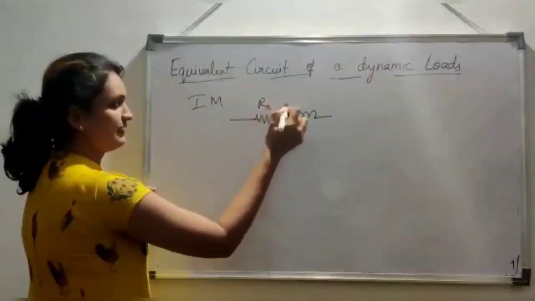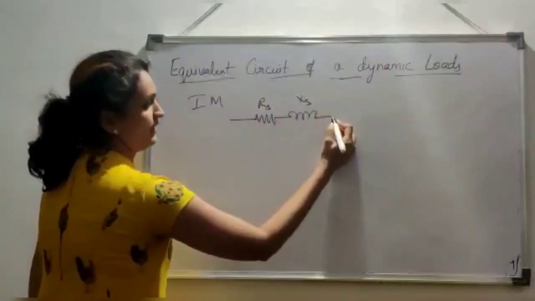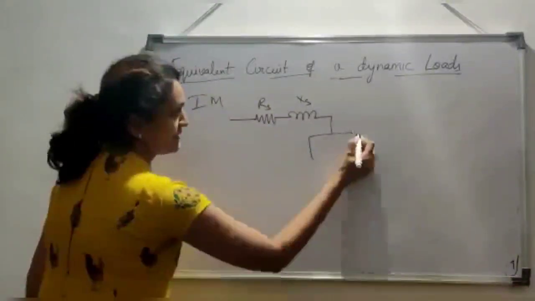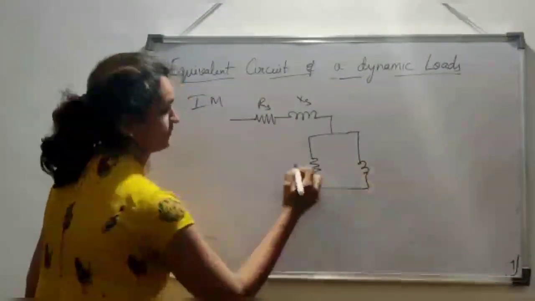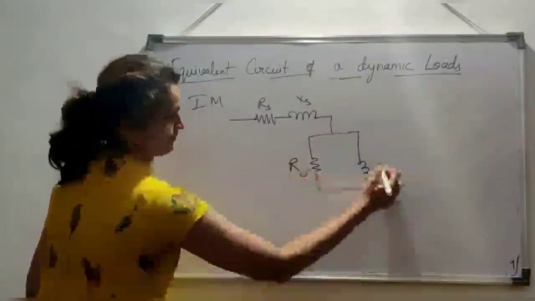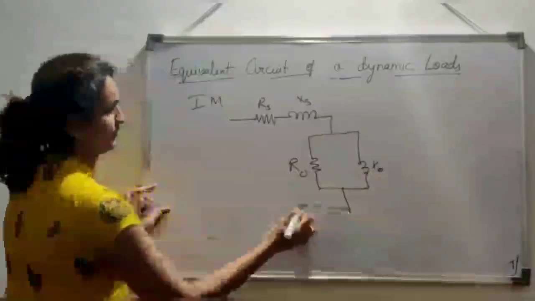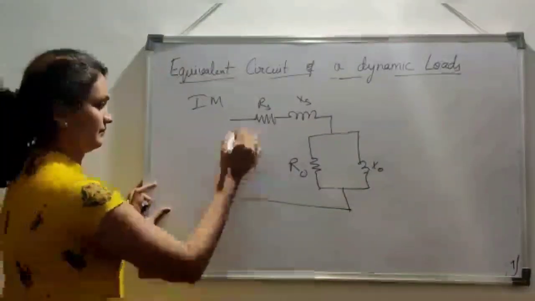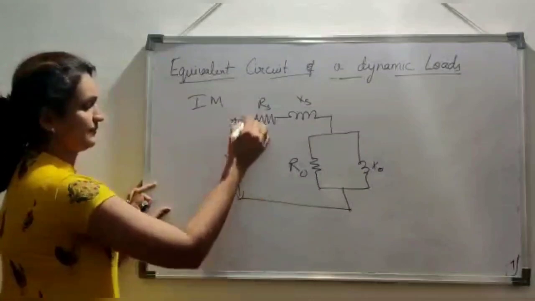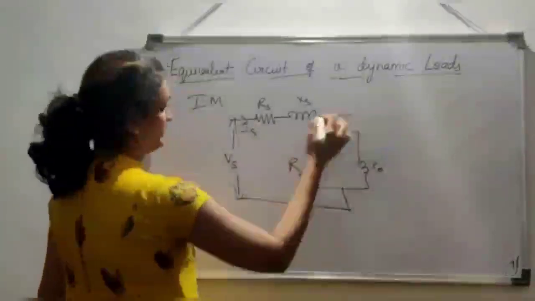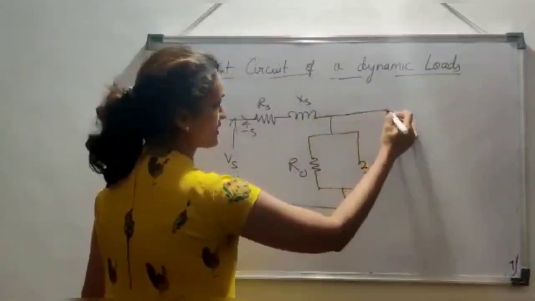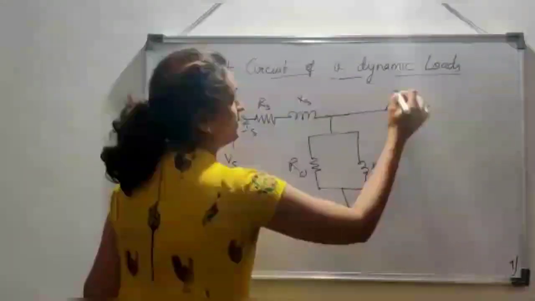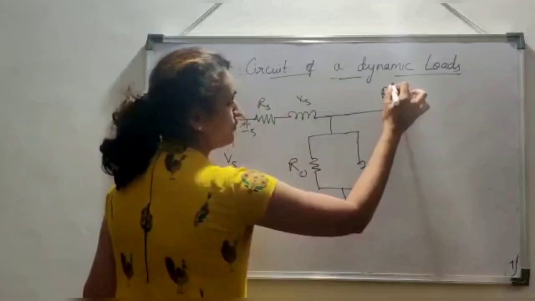So this is the stator side, and then the magnetizing circuit, and then this is the current in the stator and the voltage supplied to the stator, and then the resistance of the rotor.